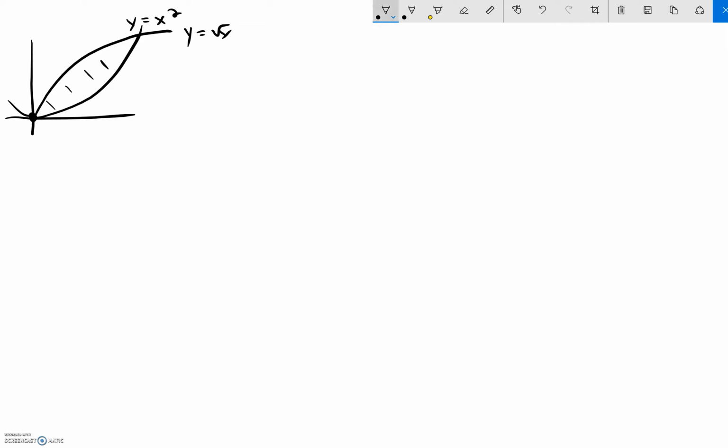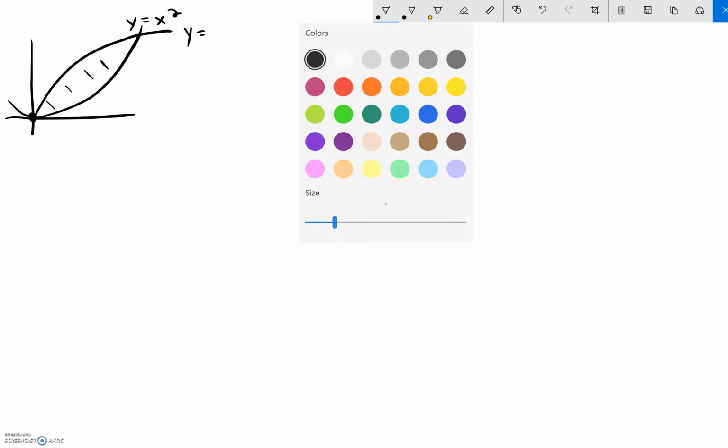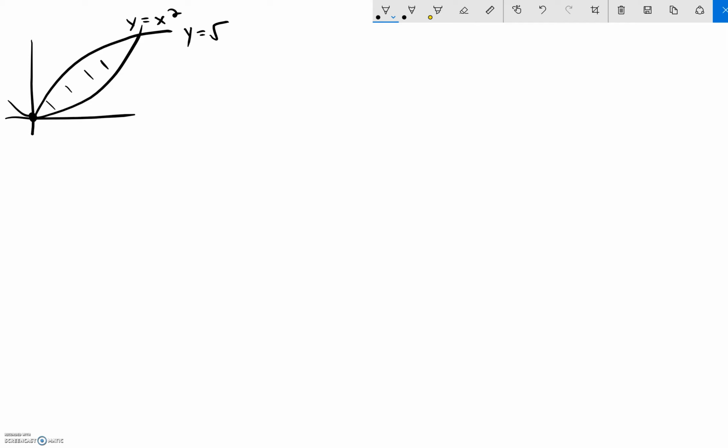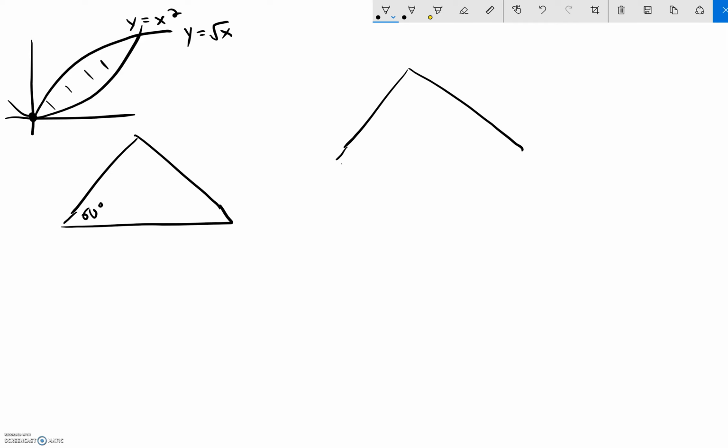This is region R. What I need you to understand is we're looking at these equilateral triangles. We know all three sides are the same, and we know all the angles are 60 degrees. But what I need you to think about is this thing, as far as that tile is concerned, looks something like this.